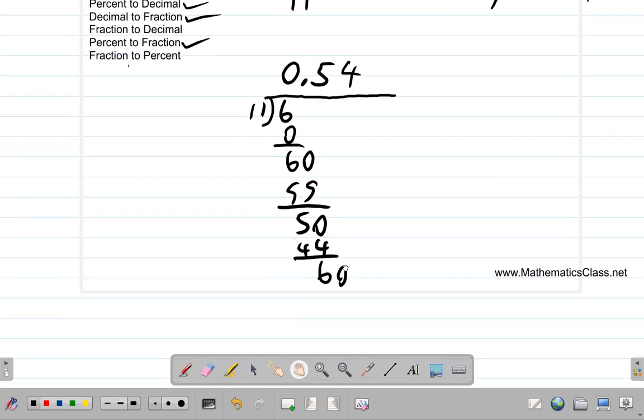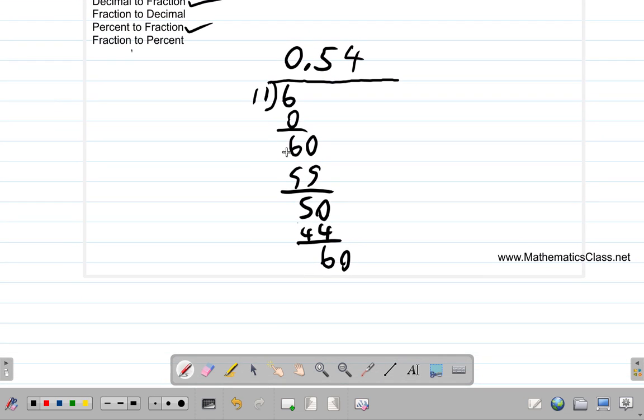Multiply by 10, so you add a 0. 11 into 60. 5, 5 elevens are 55. 60 minus 55 is 5.